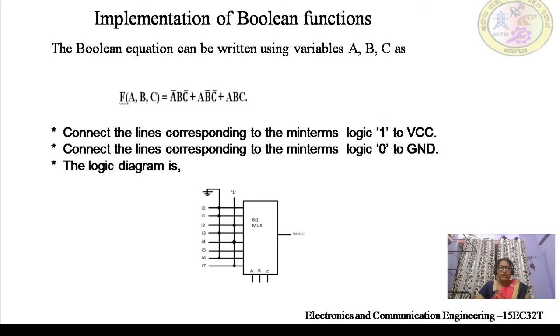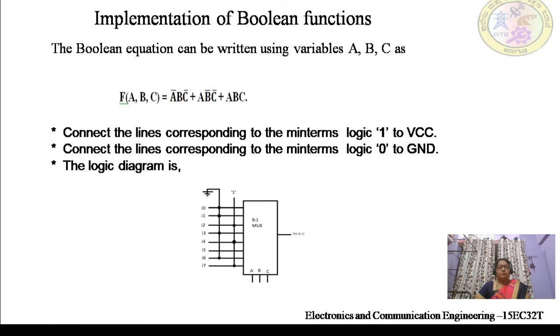So the input lines I0, I1, I3, I5, I6 are connected to logic 0 or ground. This completes the implementation of the Boolean function. So for the given expression, we have implemented the circuit using 8:1 mux.